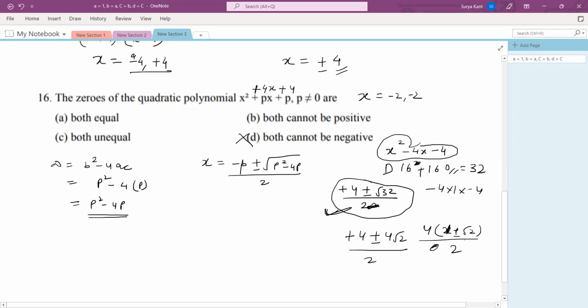So here one is plus, one is minus, obviously, right? So one is positive, one is negative, you find. Okay. So both cannot be positive. So the rules of quadratic equation: both equal, both unequal, both cannot be negative. Sir, both equal or unequal, one must be there from those two.